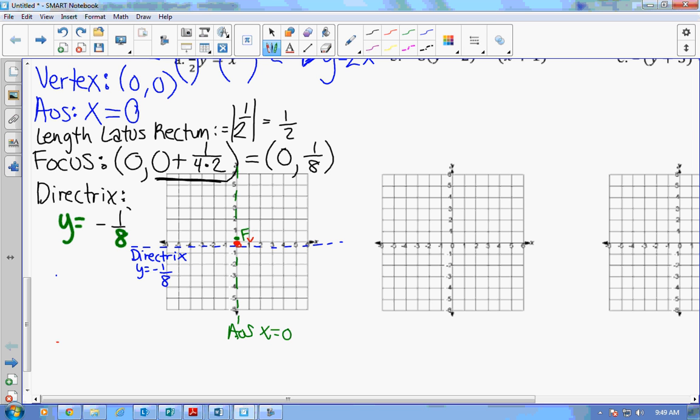Then, above graph, what does it say in yellow or blue, depending which calculator you have? Table. If you go to table, you can get your points. Go second graph, and that will give you the table of values to plot for the parabola. I would make sure the vertex is in the middle.